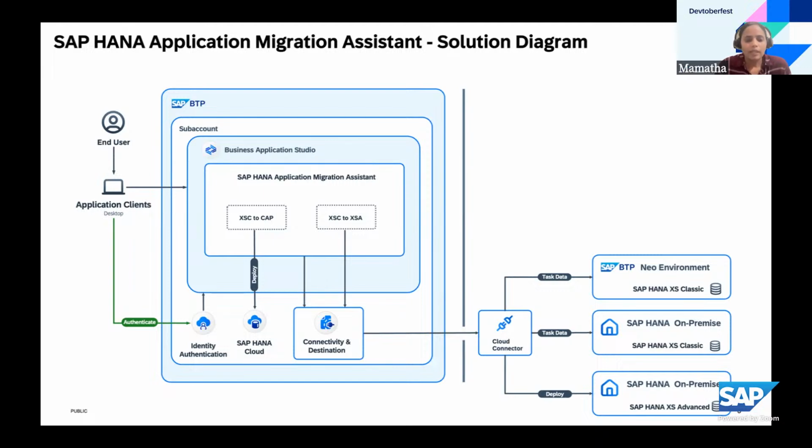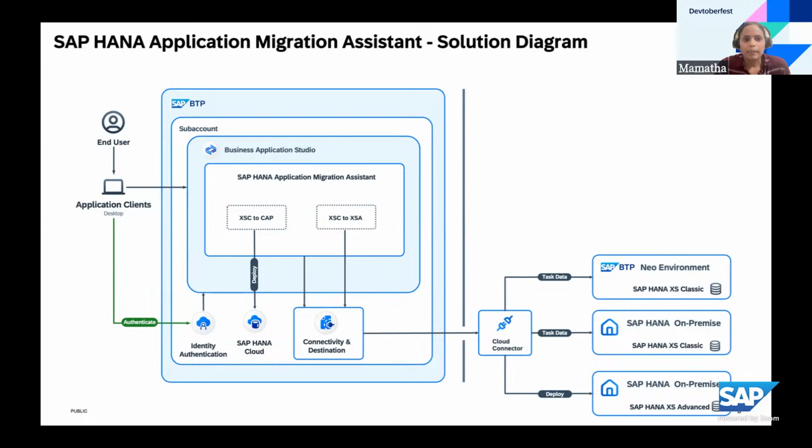The authentication is done via the identity service, which is part of our BTP subaccount. All the source DB systems will be exposed via the Cloud Connector, and these systems will be connected via destinations.